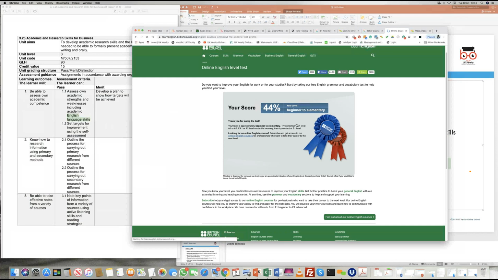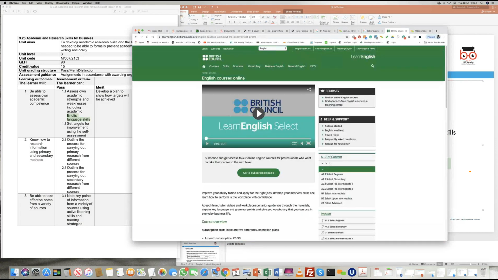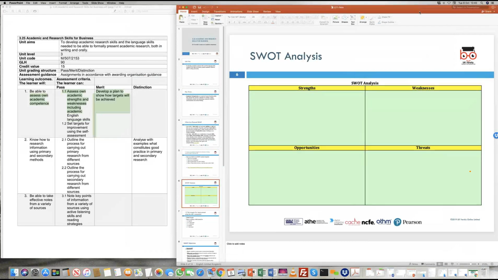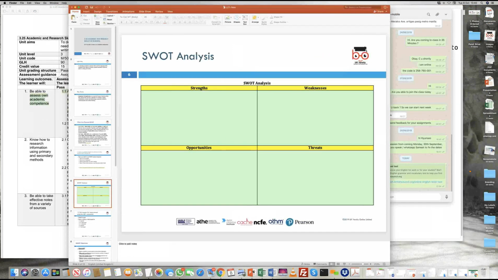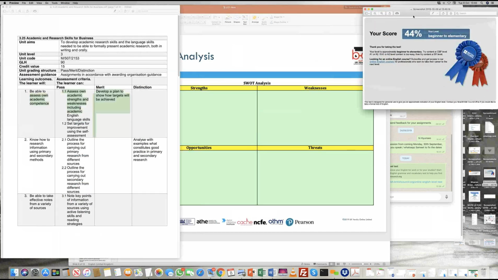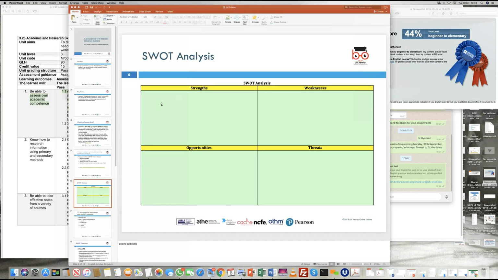Okay. So at the end of the day, task 1. When you get your result, that result is going to tell me, just as an example, that my strengths are, and then you have to write your strengths here. What are your strengths? You would put your personal strengths, things which you think are your areas in which you're good.